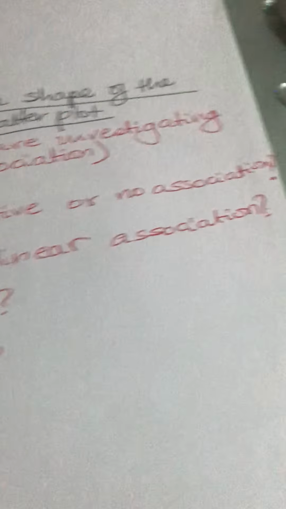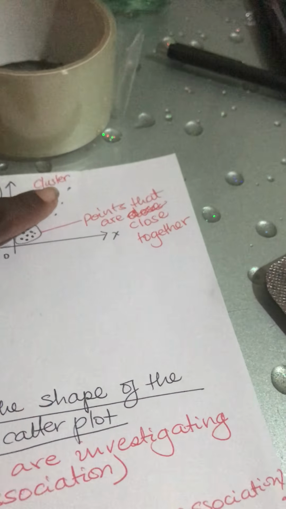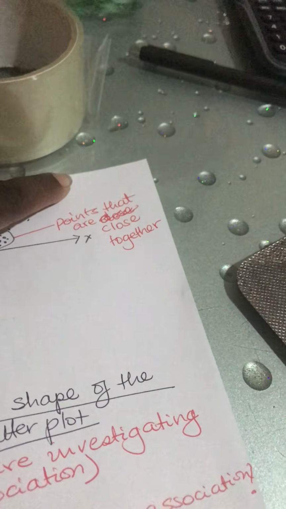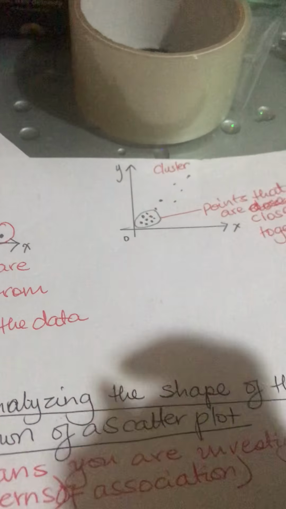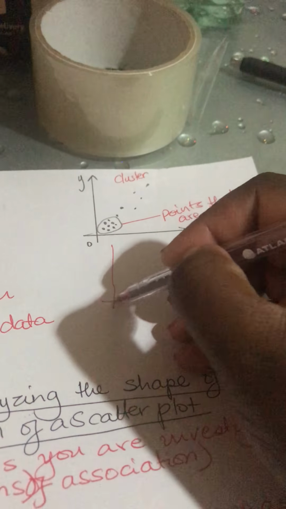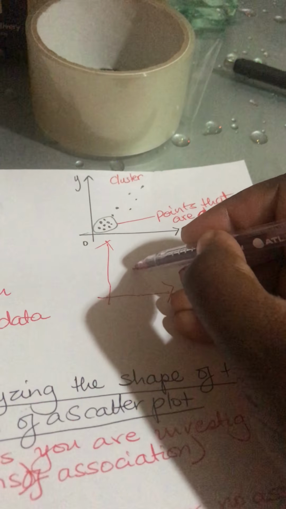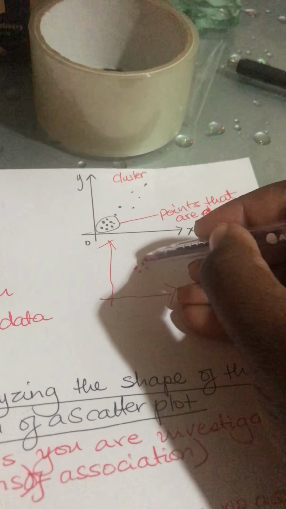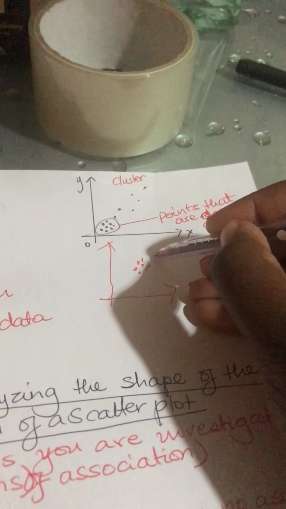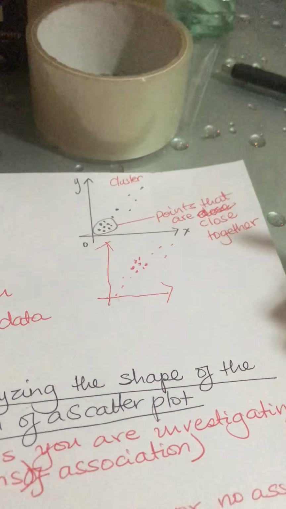And then you need to tell me about the cluster. Either the cluster is at the beginning, or the cluster is in the middle, or the cluster is at the end. Because the cluster doesn't necessarily mean it's going to be here. You can have a graph like this, and your cluster is somewhere here. Or the majority of your points are together over here, and then you have a few like this and a few like this.